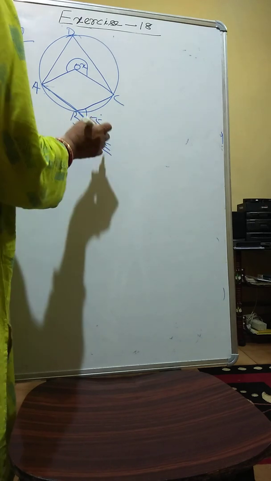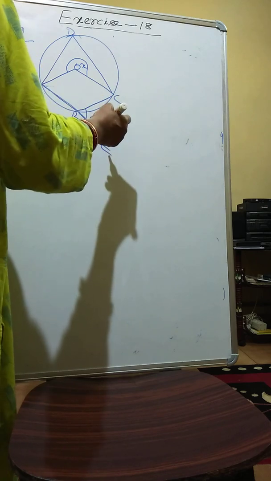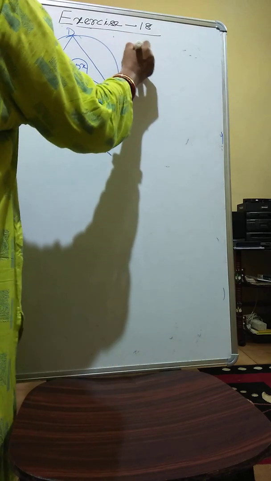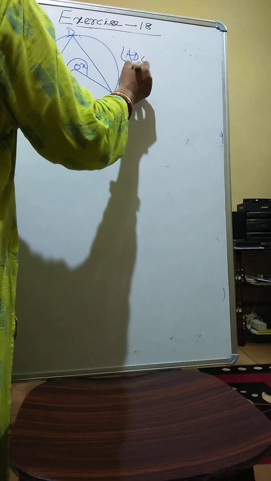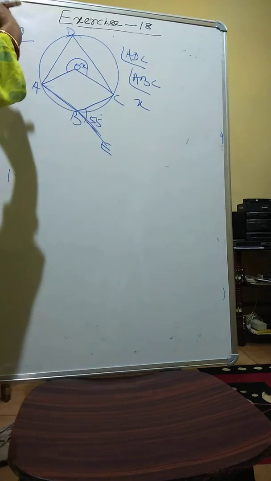It is a straight line. CBE is 55 degrees. We have to find out ADC, ABC, and you have to find out the value of X.